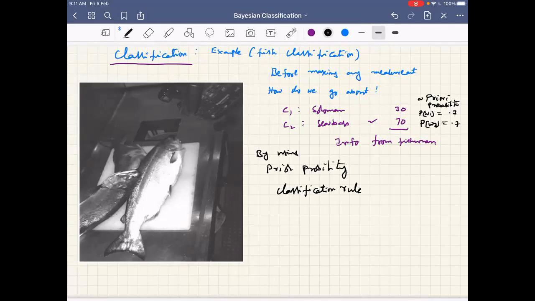At least can I assure that I will surely be getting at least this much accuracy? Sir, maybe we can do it like, for every 10 samples, we put 3 salmon and 7 sea bass. That's what the other student also said. If you do that, it's like a multiple choice question where you don't know anything and you keep putting A somewhere, B somewhere, C somewhere, and D somewhere. The answer may be B, you may be putting A there.